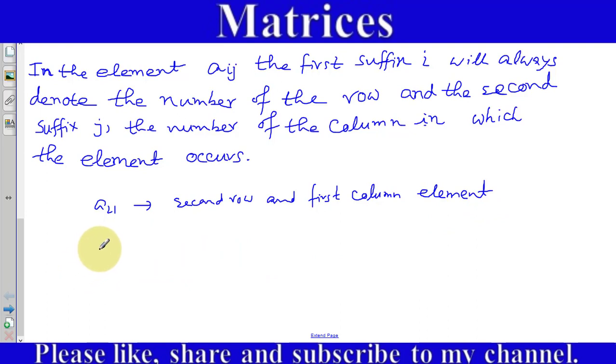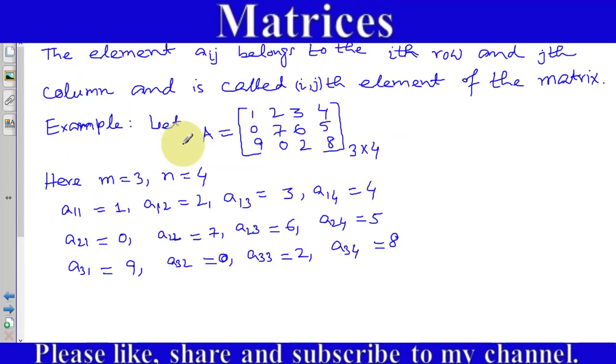Similarly, A32, this is third row, second column element, etc. The element Aij belongs to the ith row and jth column and is called the ijth element of the matrix.